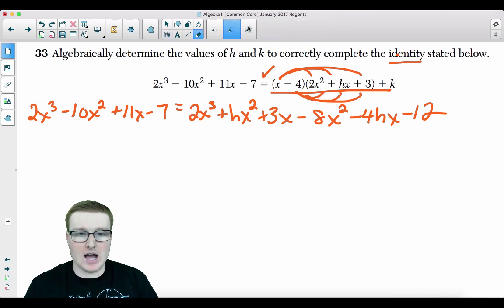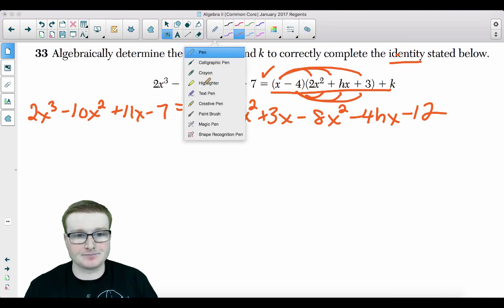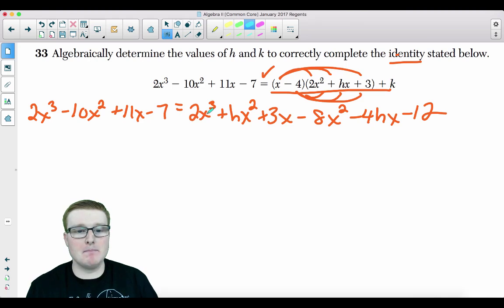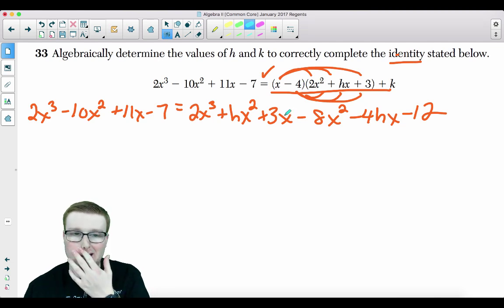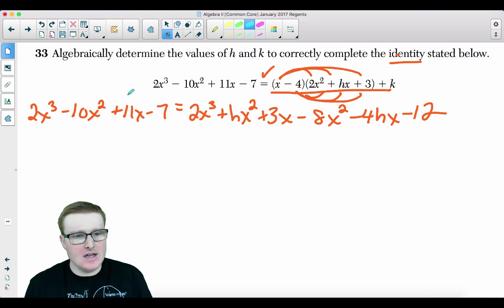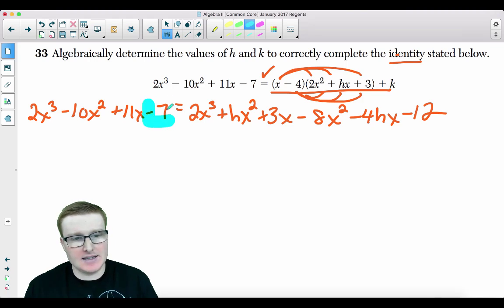So now your job is to combine like terms. Actually, you know what? Let me do this for you. You see how on the left-hand side this is a constant, it's just a number.